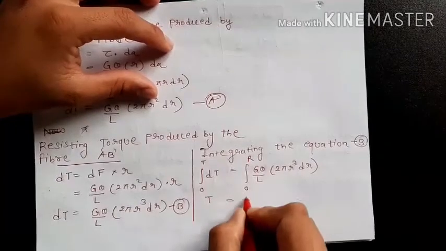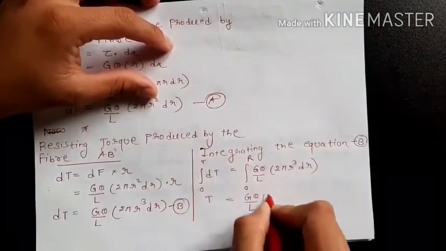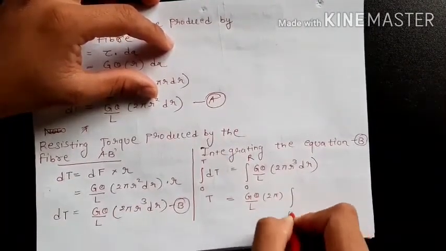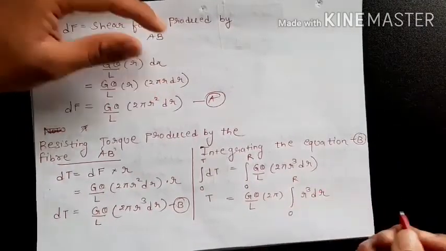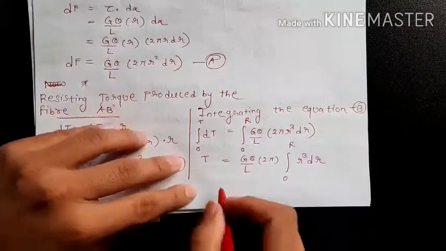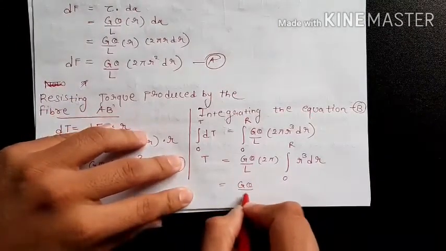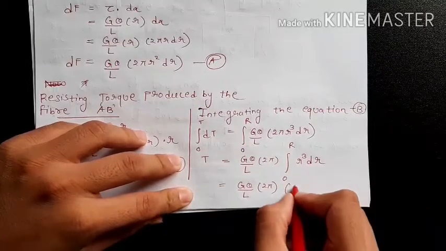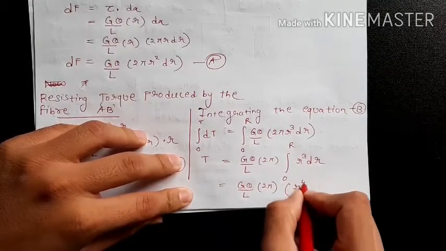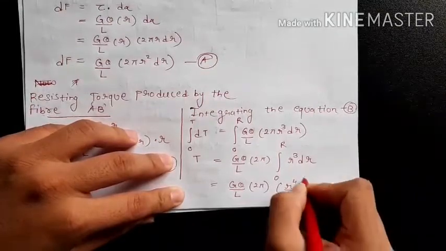Therefore, out of the integration we get integration from 0 to R of r cube dr, which is r raised to 4 upon 4 from 0 to R.